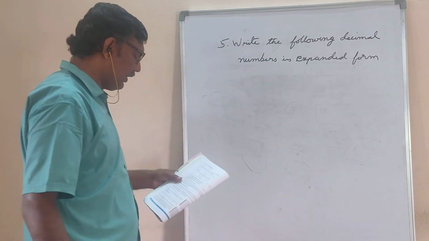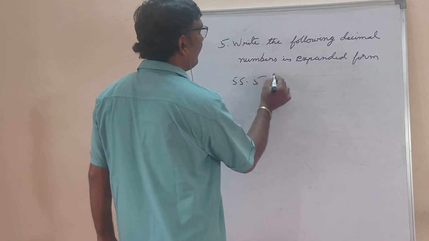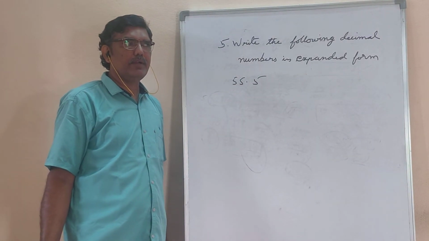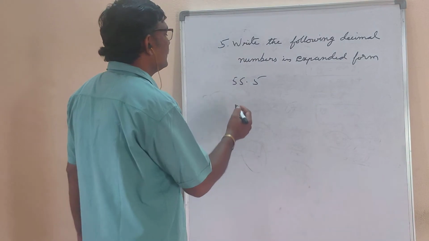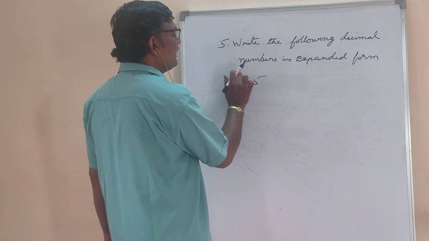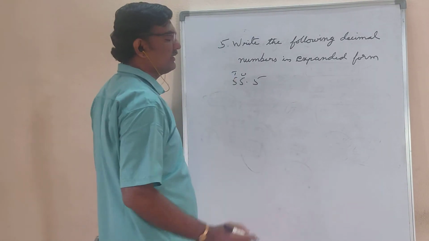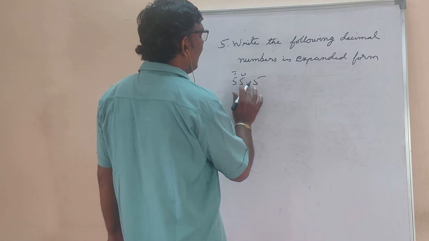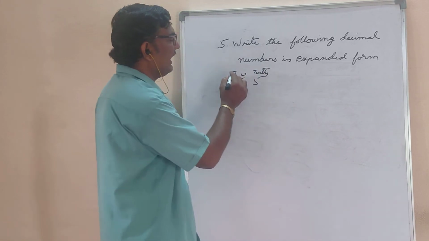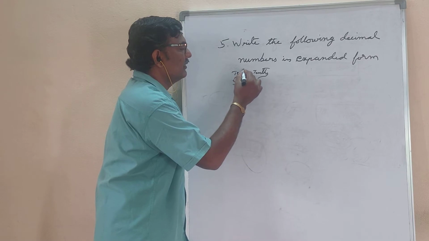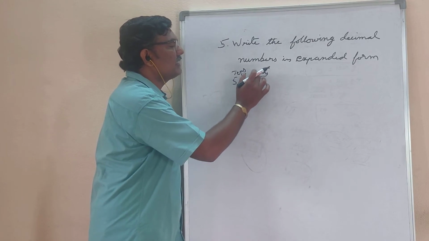In this expanded form, the first question is 55.5. How do you write 55.5 in expanded form? First I said to notice the places. Before the point there is the units place and the tens place, you already know about it. After the decimal, the first one is called the 10th place. It is not 10, it is 10th.